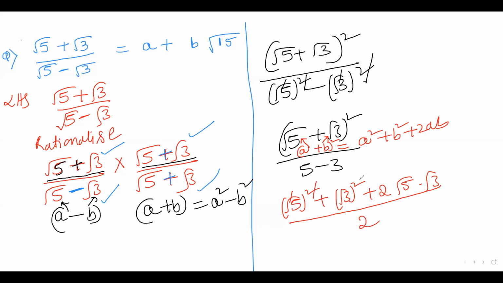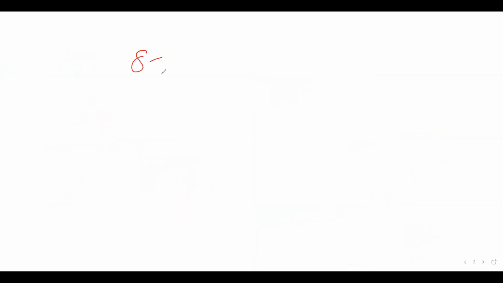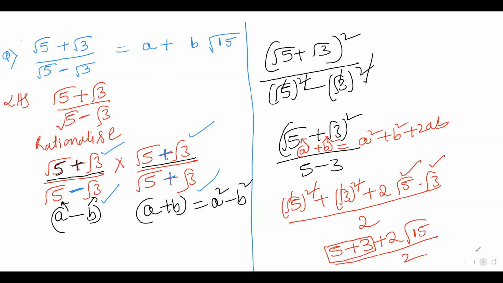Square and root will get cancelled. What is remaining? 5 plus 3 plus 2. When you multiply root 5 into root 3, you will get root 15 by 2. 5 plus 3 is 8, plus 2 root 15, by 2.